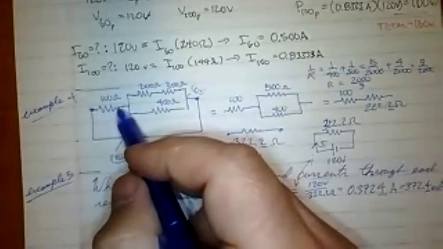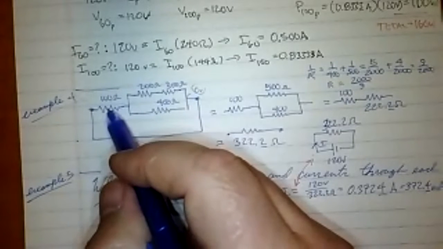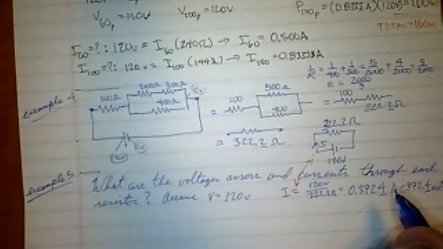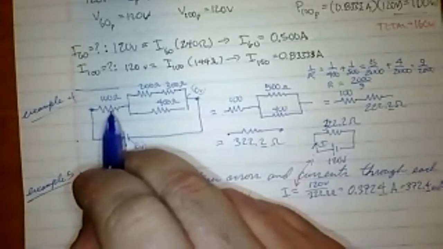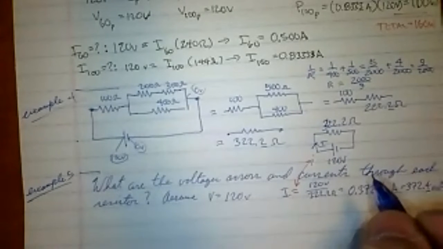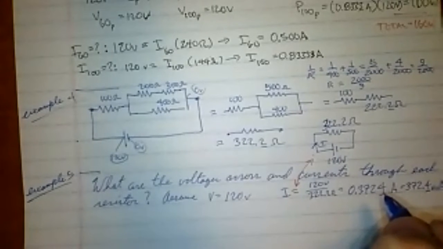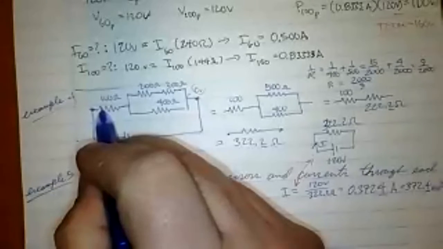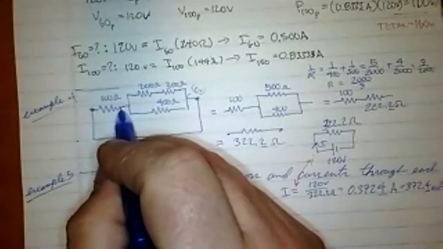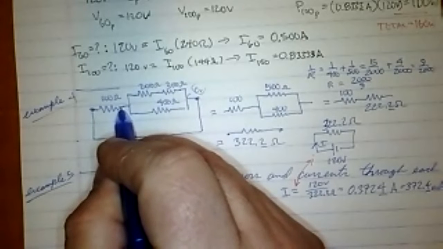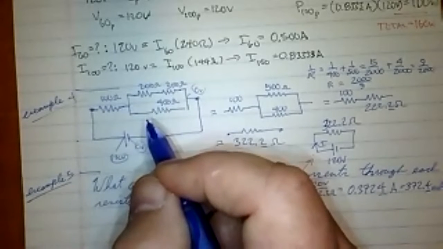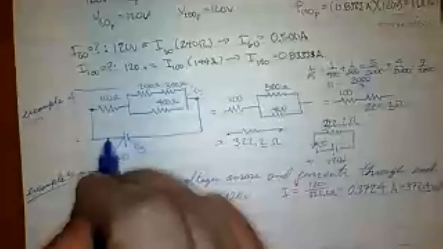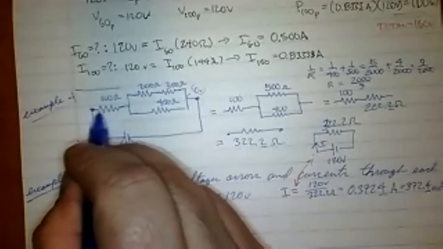Whatever voltage this is across here, I know the current going through it is this current, this 0.372. So if I take this 0.372 and multiply it by 100, I get 37.24 volts. So this part being 120 means right here would be 120 minus 37.24. Does that make sense to you guys? The current had no way of breaking apart before it got here.